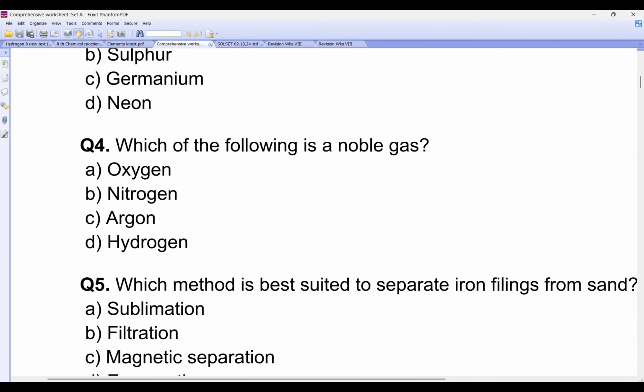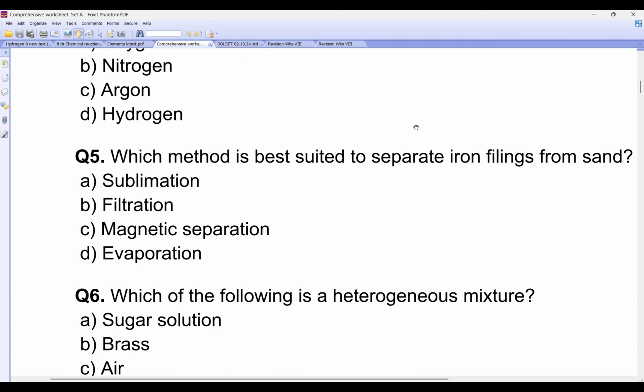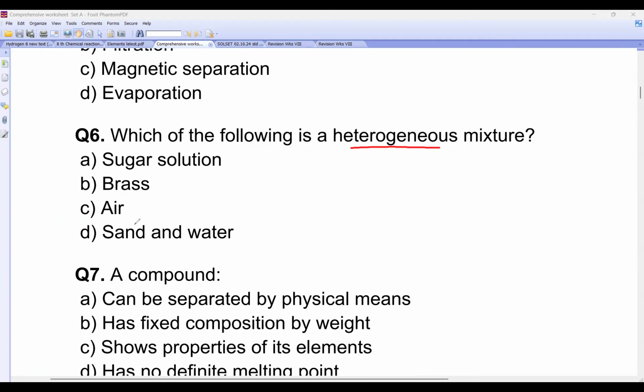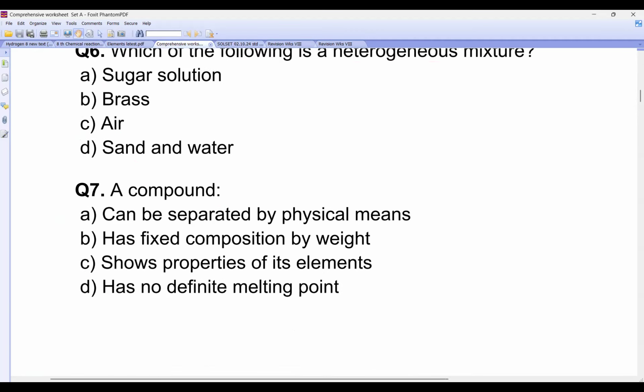Argon. Which method is best suitable for separation? Magnetic separation. Which of the following is heterogeneous? Sir, can you show the fourth option? Sand and water.